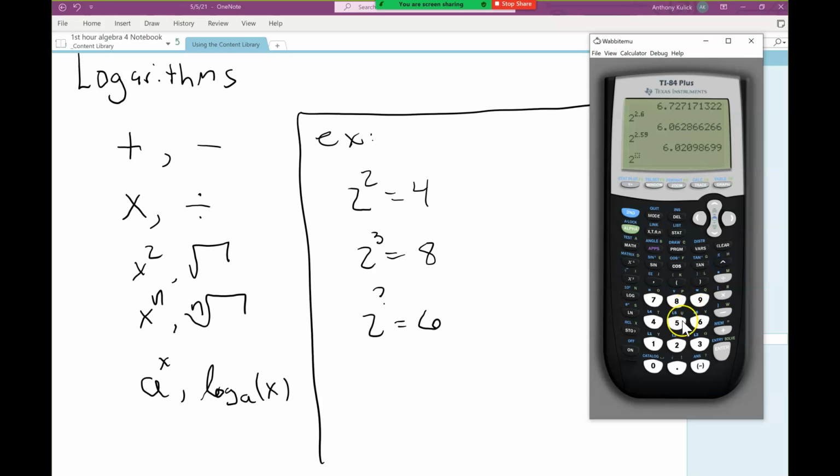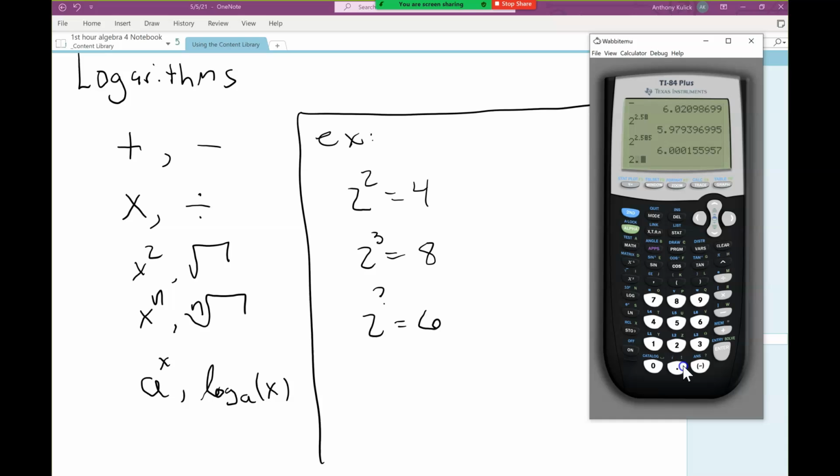So maybe we do 2.58, and that's not enough. So maybe we do 2.585, and that's still too much.